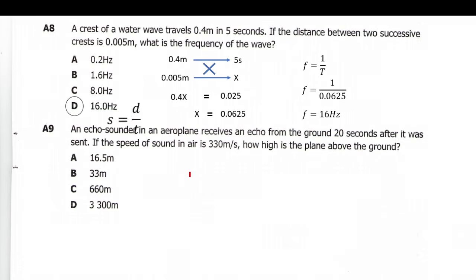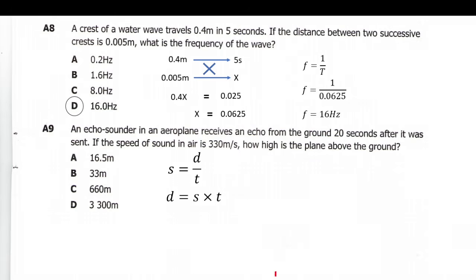So we know that speed is equal to distance over time. And now we want distance. Distance is equal to speed times time. Now, this time here, we divide it by 2 because it is the time that was recorded when the echo went and came back, but we only need the time for just one way.